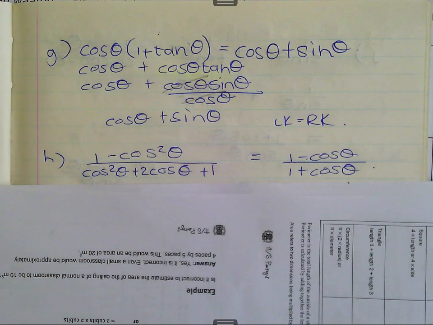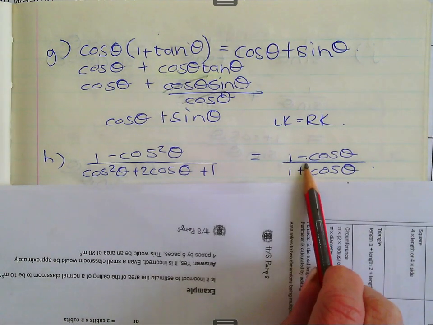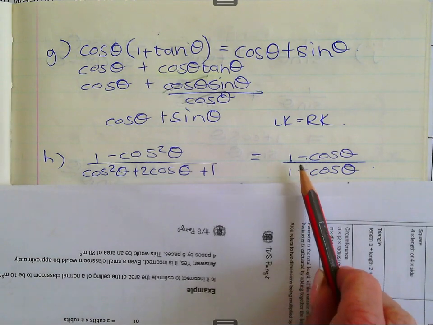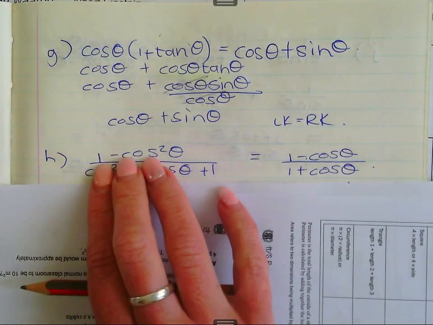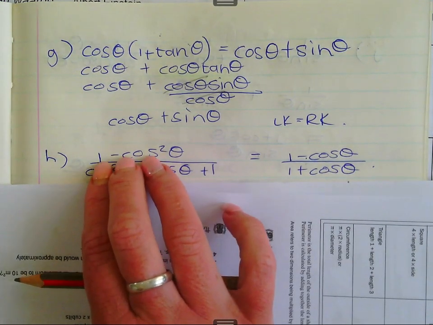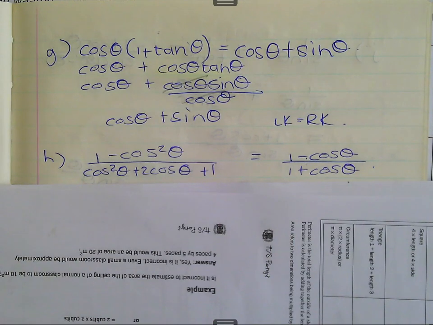Did anyone change it to sin squared theta? Not. Okay, normally that's what you would do first. But the reason you'd know not to do it now is when you look at the answer. I want it 1 minus cos. So I want it in two terms and I want it in terms of cos. So I can either leave it like that for now, or I can change it to the other option.